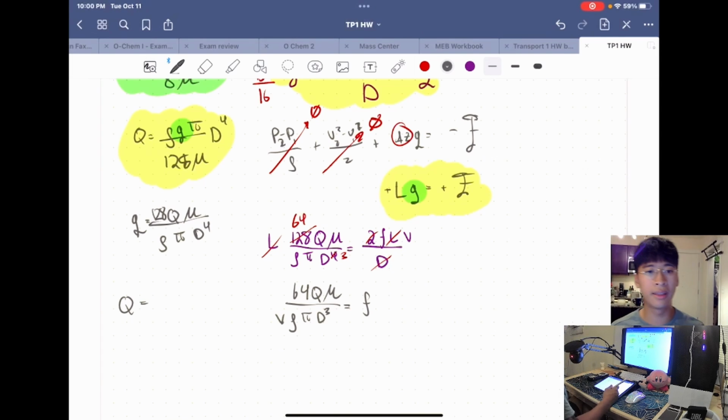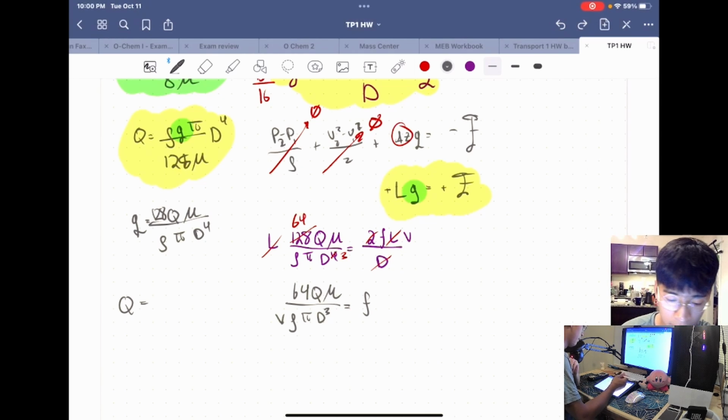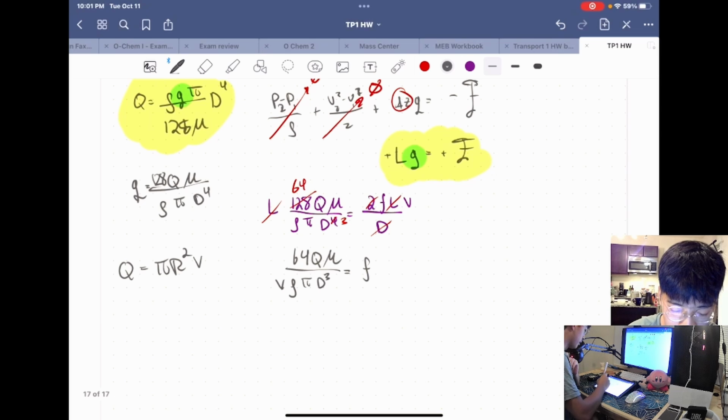That's why I got confused. Q, we want to take a look at Q in terms of diameter now. Okay, so Q is equal to what? Is equal to pi r squared multiplied by velocity, right? And in terms of diameter, that's Q is equal to pi d squared over 4 multiplied by velocity.